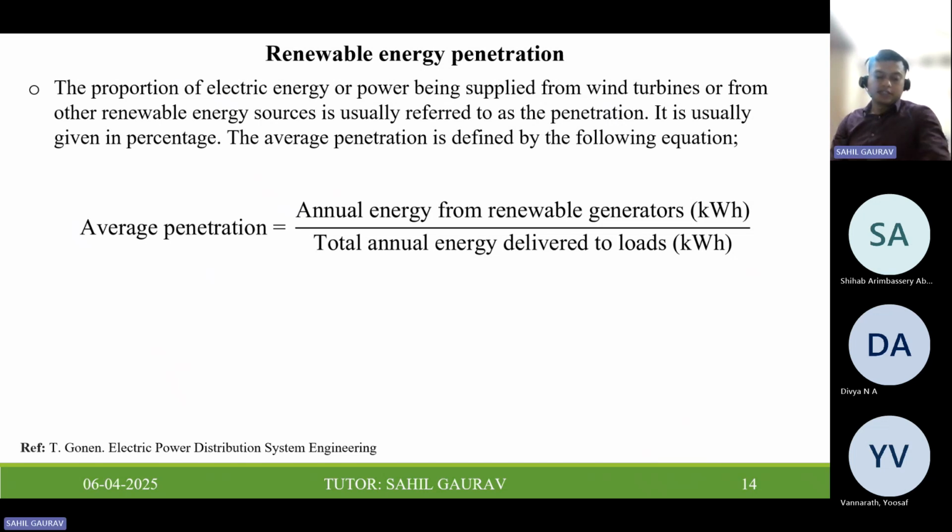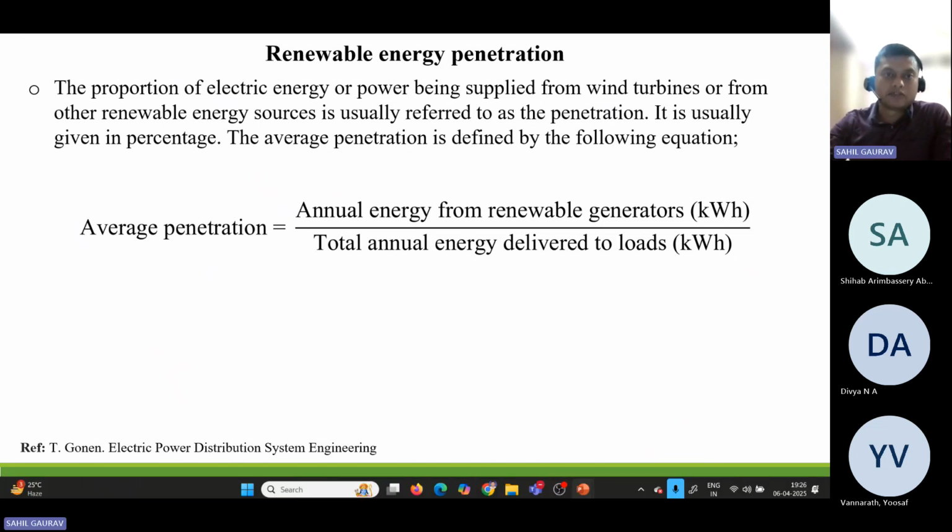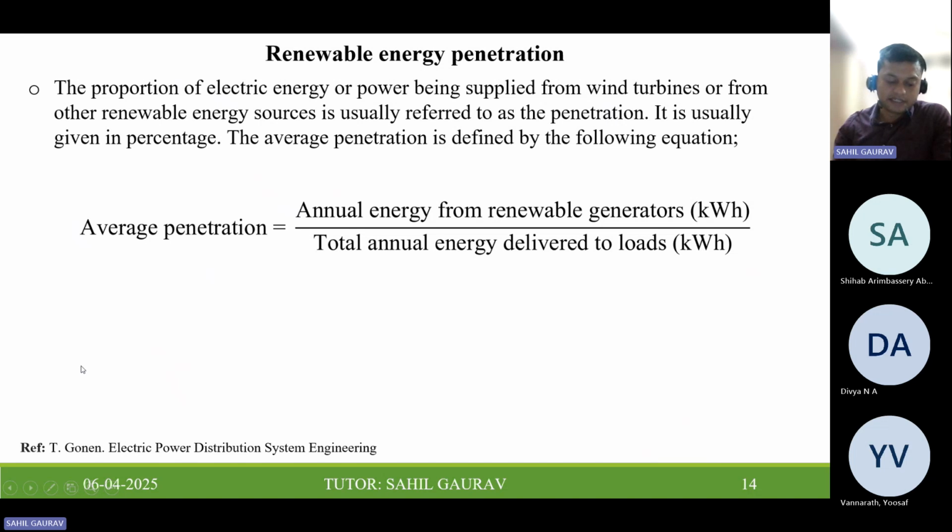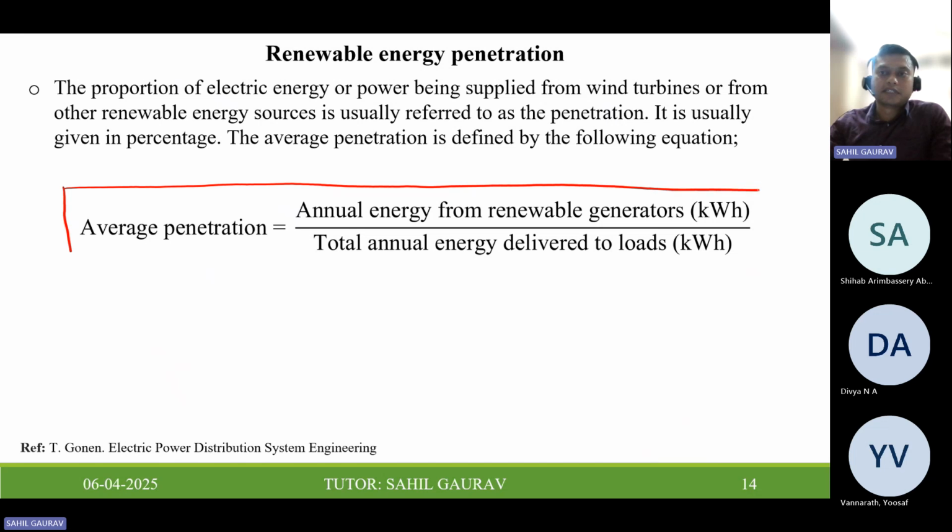Now, how can you define the renewable energy penetration? This is the expression by which we can define it. The average penetration for renewable energy is the ratio of annual energy from renewable generation in kilowatt hour upon total energy delivered to the loads. One question last year was asked based on this average penetration and instantaneous penetration.